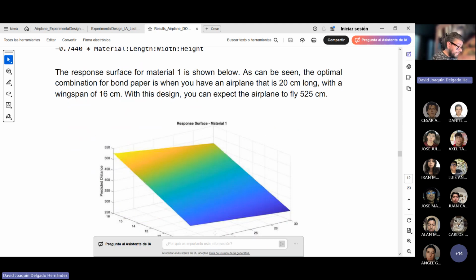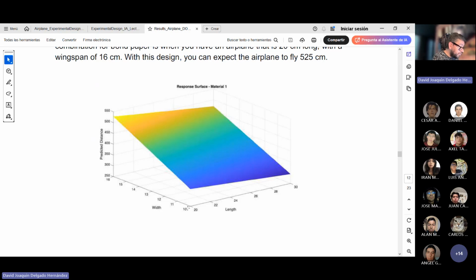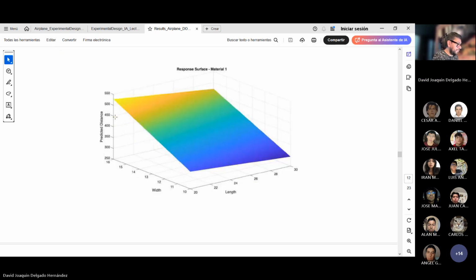So you have the combination, this is the length, you have 20 at the beginning, and the width you have 16. This is the maximum, the higher distance that you are going to reach with this design. Okay, with 20 centimeters length and 16 width, you will reach more than 5 meters. Okay, this is with material 1, bond paper.